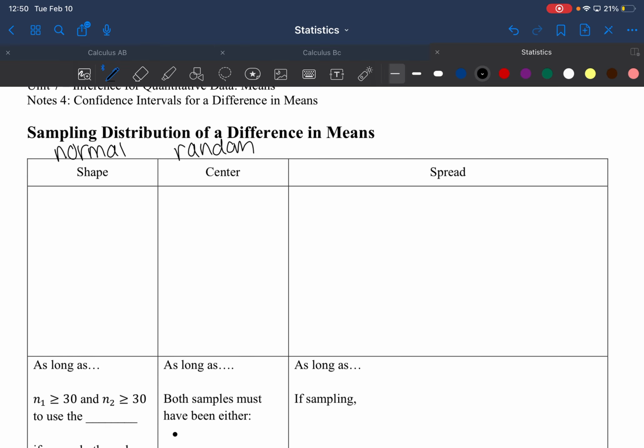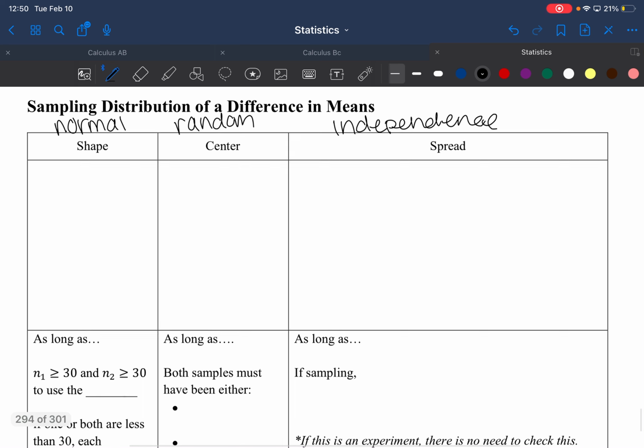Okay, remember, we have to prove that something is random in order to find our center or our mean. We talked about that at the beginning of the year. And then spread is independence, which means we have to prove that a sample is independent in order to find standard deviation.